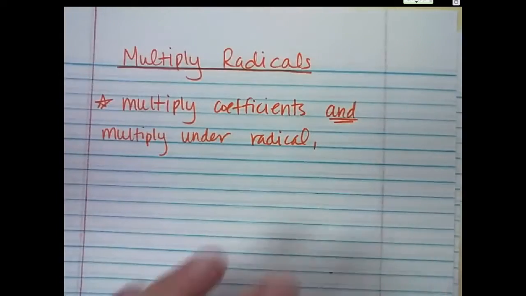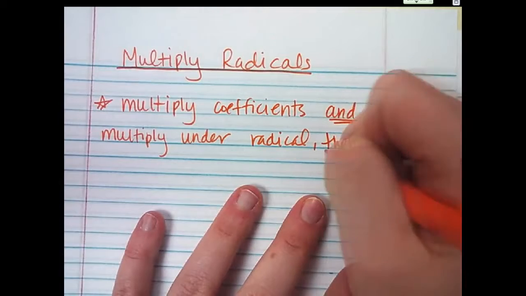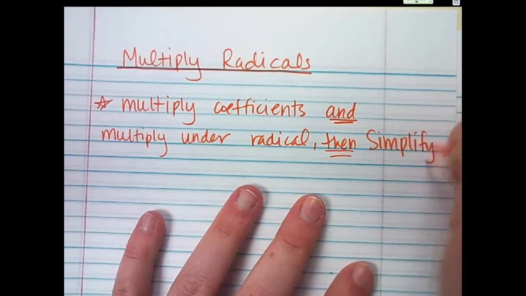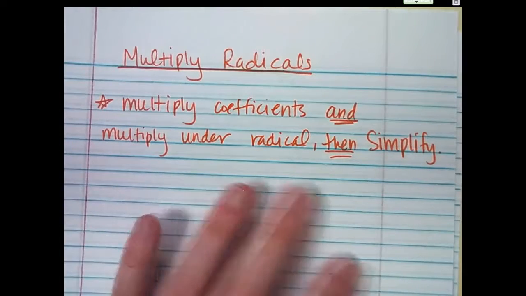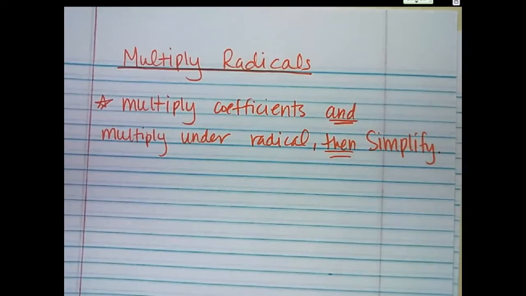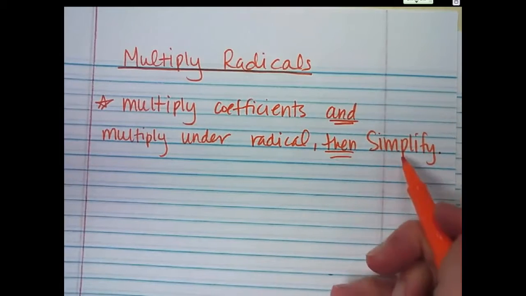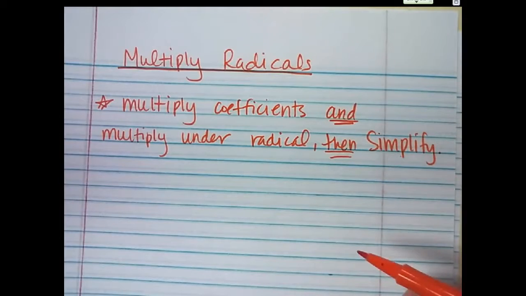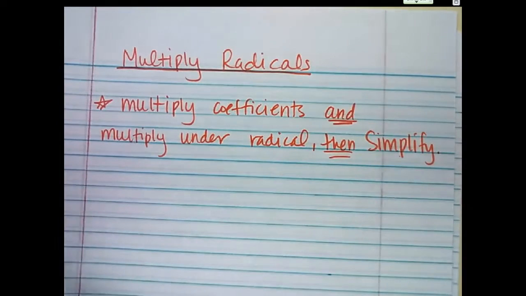And then we're going to simplify, if you need to. So we'll multiply the coefficients, multiply under the radical, simplify. You can do the other way too. You can simplify first and then multiply, but usually you have to simplify anyways, so I do it this way.